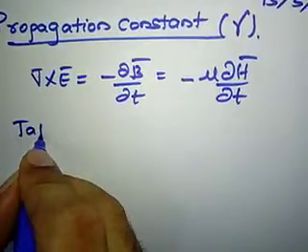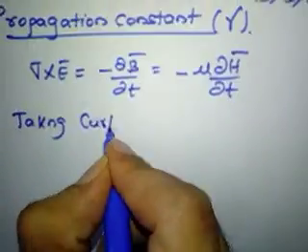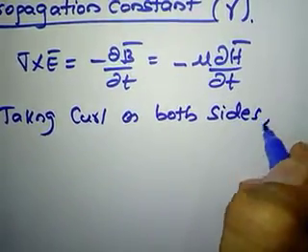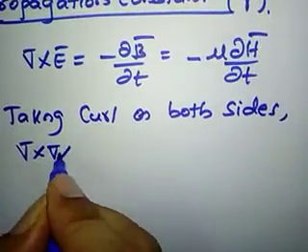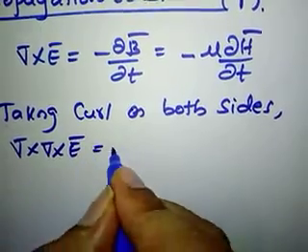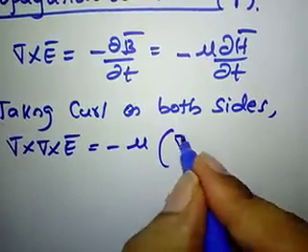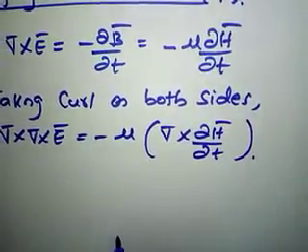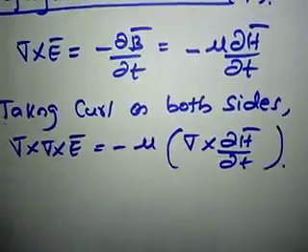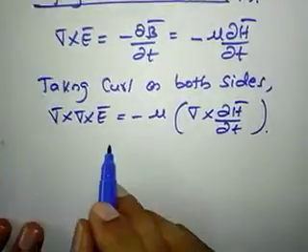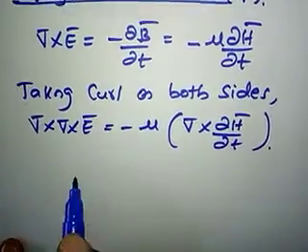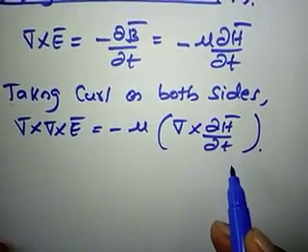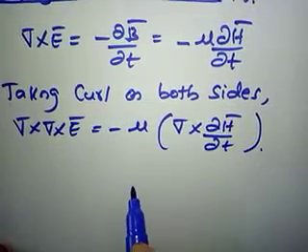Taking curl on both the sides, we get del cross E bar is equal to minus mu of del cross dou H bar by dou T. So this vector del cross E bar we have obtained as minus mu into del cross dou H bar by dou T, using the simplified equation.